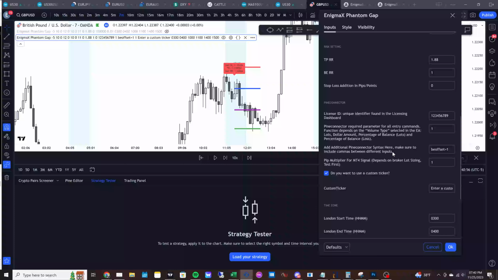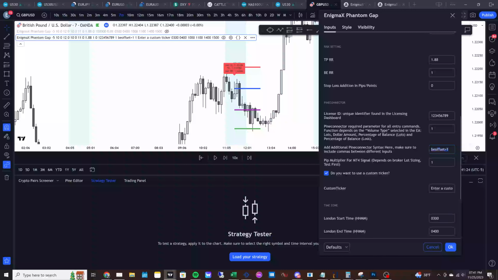Additional syntax. Pine Connector has a whole site where you can add different things in here. I'll put a link, but you can look it up and see what you want to use. You can put a comment for your trade, like if you want an alert in MT4 saying GBP USD 7 minute ending max, you'll know that's what that trade was.